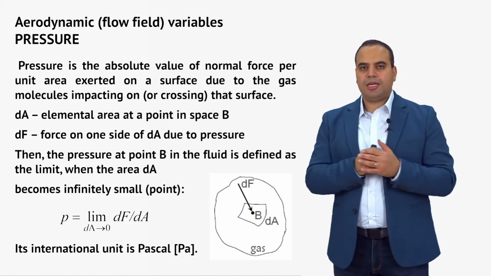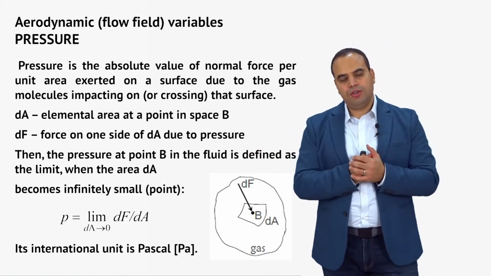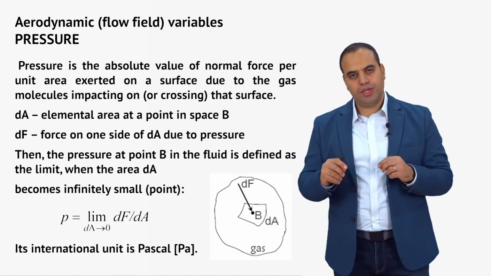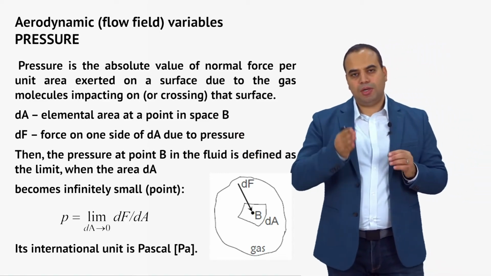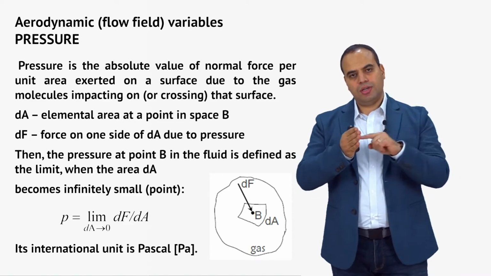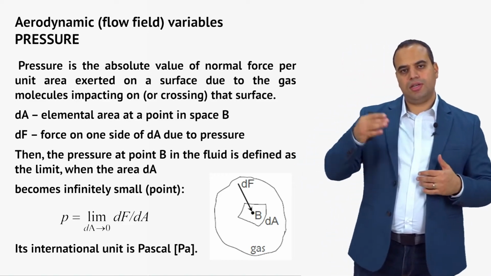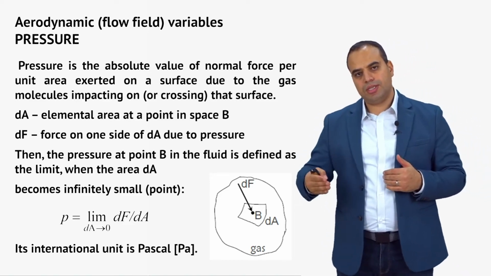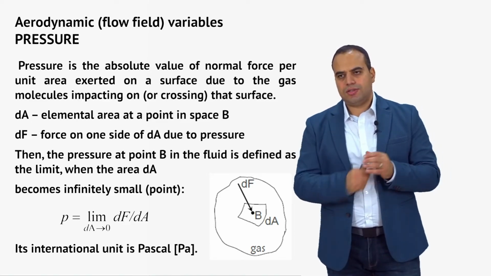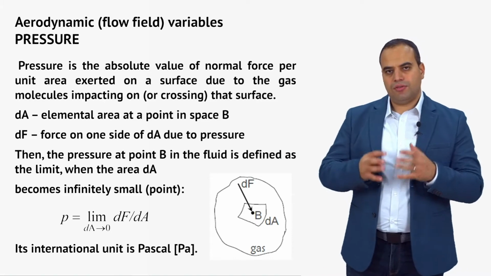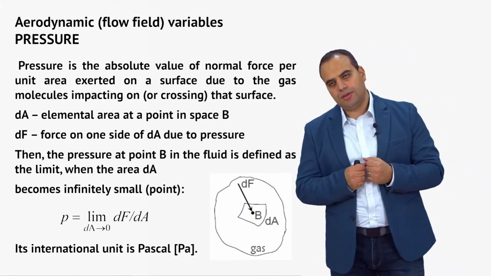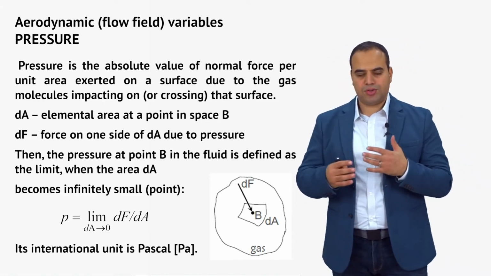No matter how big the volume the gas is placed inside, if we place any surface in any direction, the particles of the gas are going to cross this surface with a certain frequency and a certain intensity, depending on the temperature of the gas. Temperature is a measure of how fast things are moving, and the higher the temperature, usually the higher the pressure.